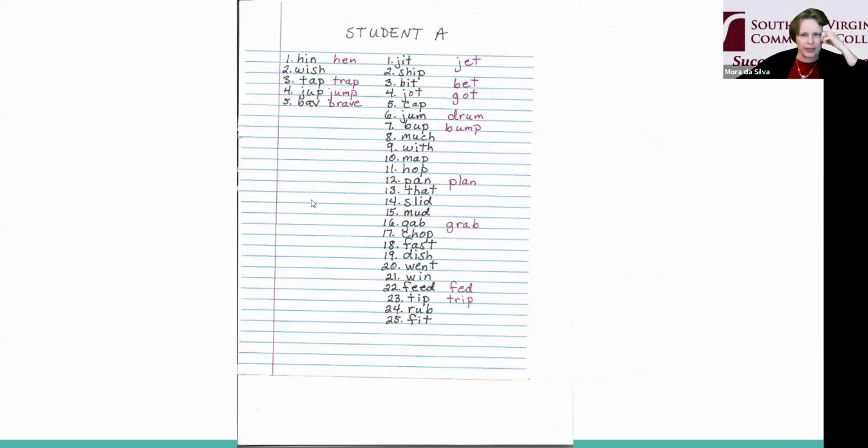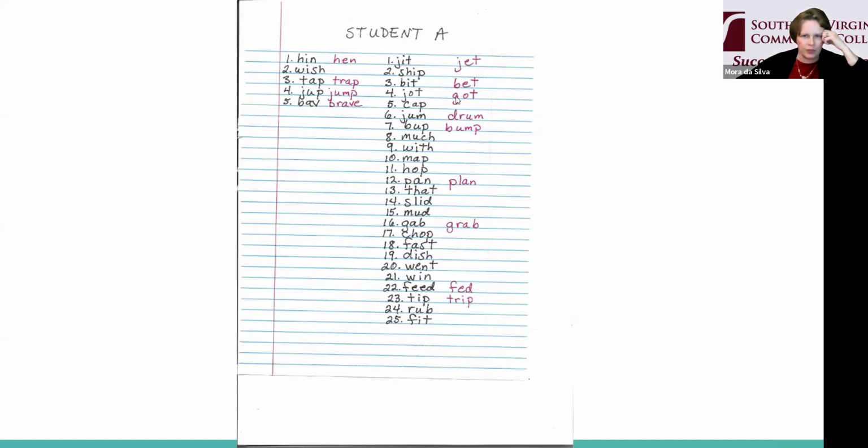Okay, so here is an example of a student. I screened this person. They fell out immediately at the letter name stage, right? They only got one right. Okay, so I gave them the 25 word list at the letter name stage. And you can see they got some things right, but they were having trouble with short I versus short E a lot.